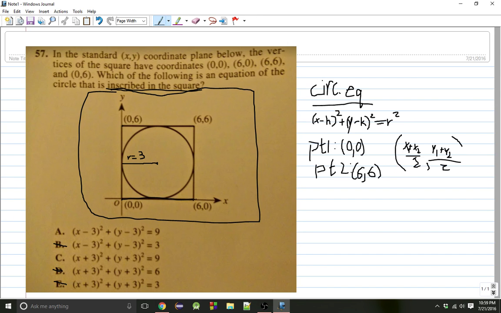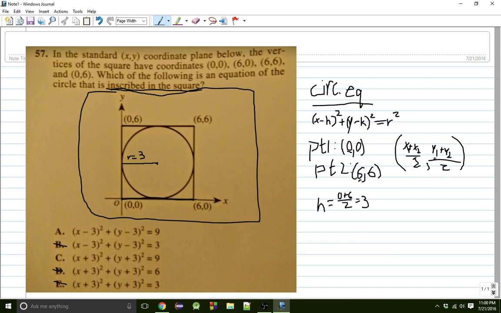In our case, h is x1 plus x2 over 2. So h equals the first x coordinate, which is 0, plus the second x coordinate, which is 6, 0 plus 6 over 2, which equals 3.